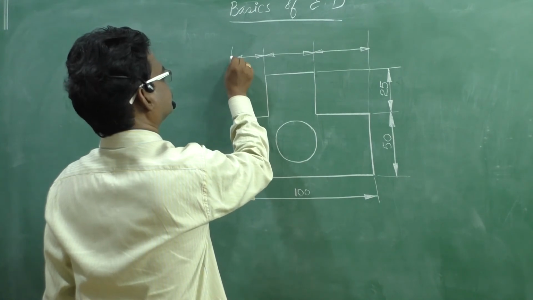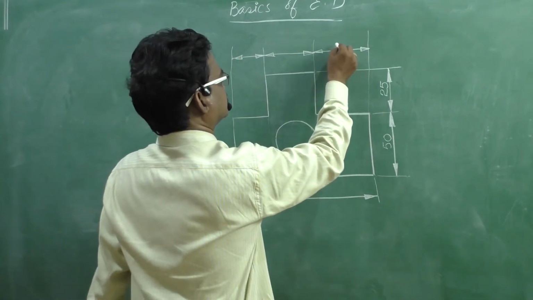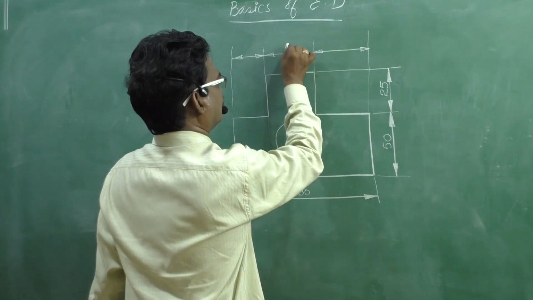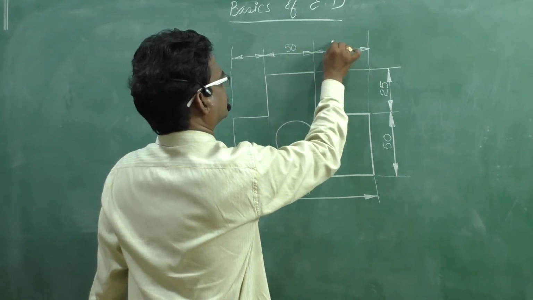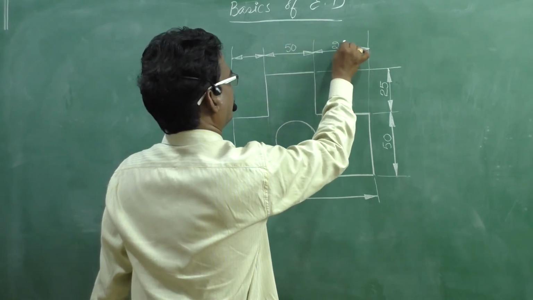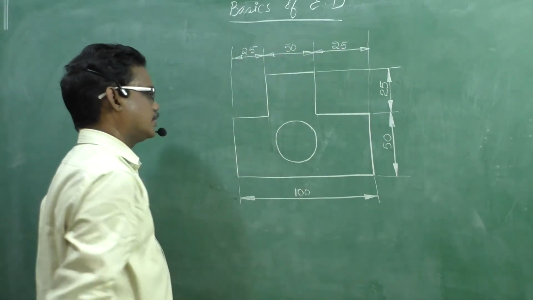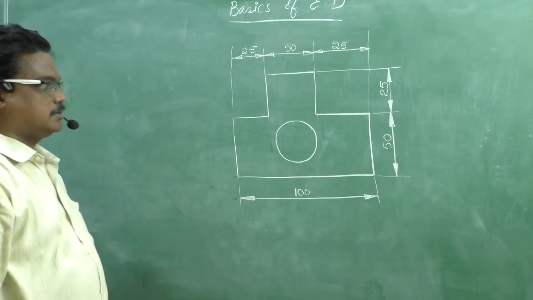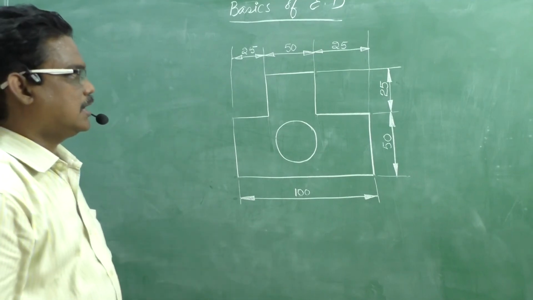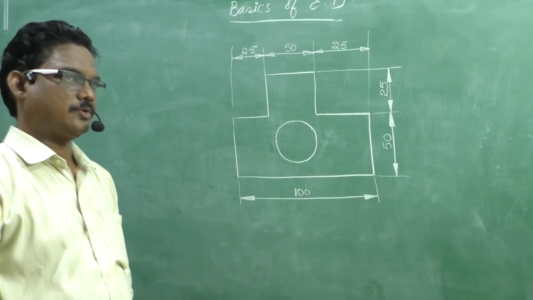Right. Now this is 50. This is 25. This is 25. Okay. Dimensioning vertical and horizontal. These are over.